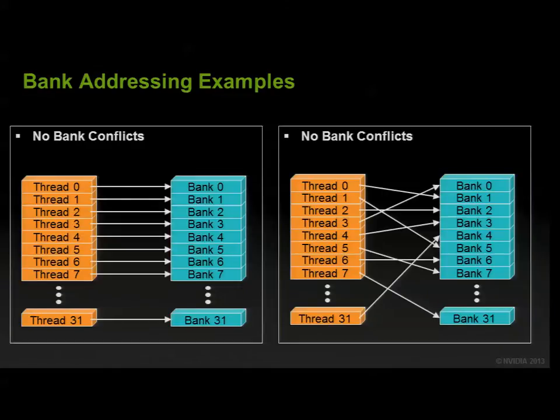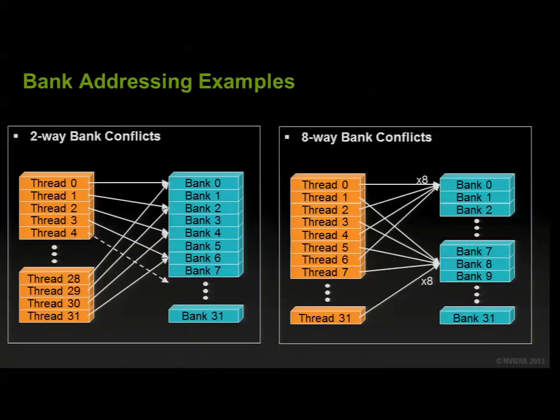And let me see, I think I have more pictures here. So in the simplest case where you have the 32 threads, each one accessing a different bank, you're fine. Or in the other case where each thread accesses, again, a disjoint bank, you're perfectly fine. If you have multiple threads that try to access the same bank, you have a potential problem.